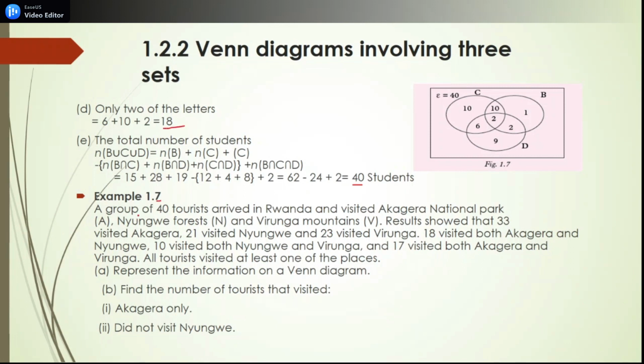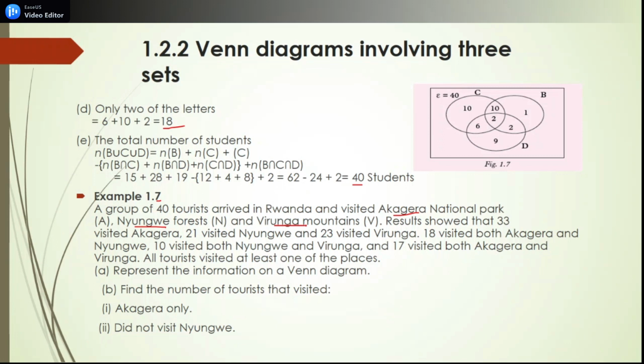Example number 7. A group of 10 tourists arrived in Rwanda and visited Akagera National Park, Nyungwe National Park, and Virunga Mountain.